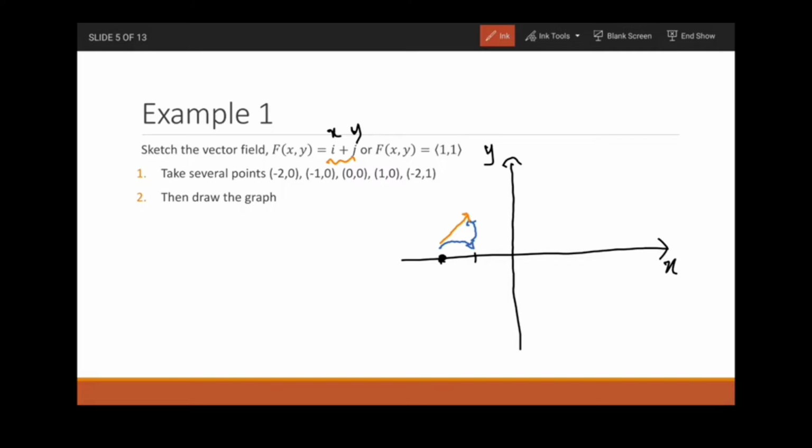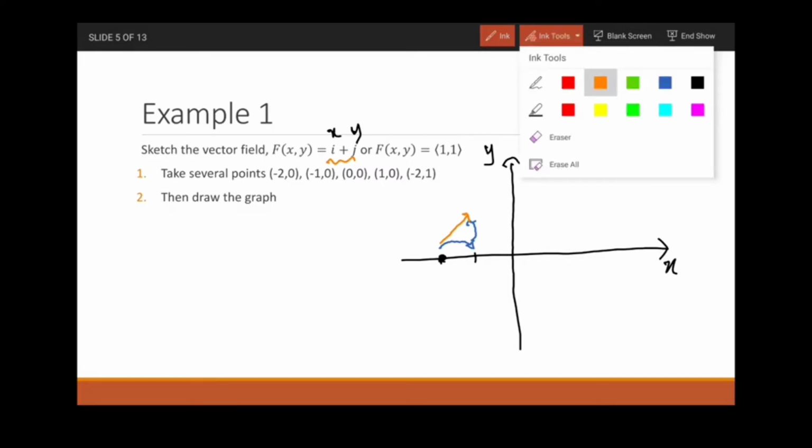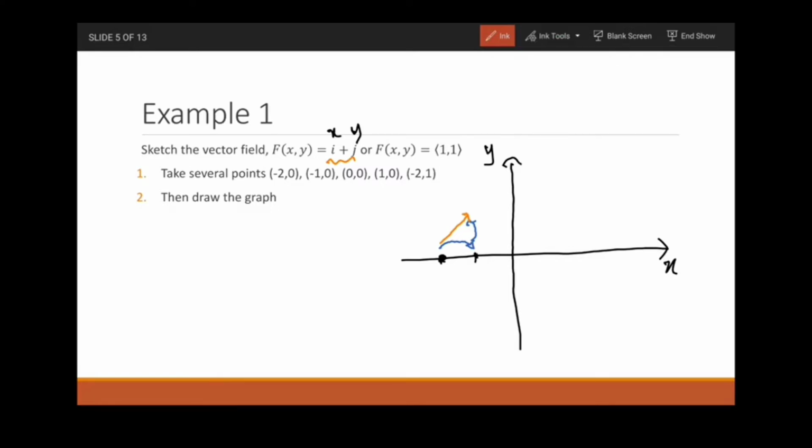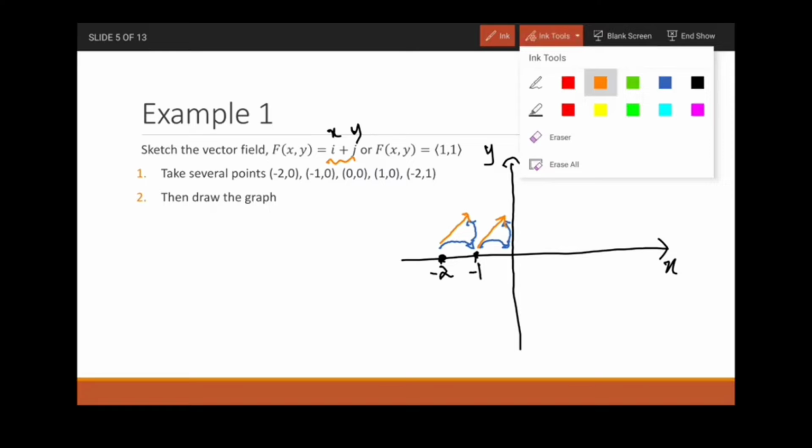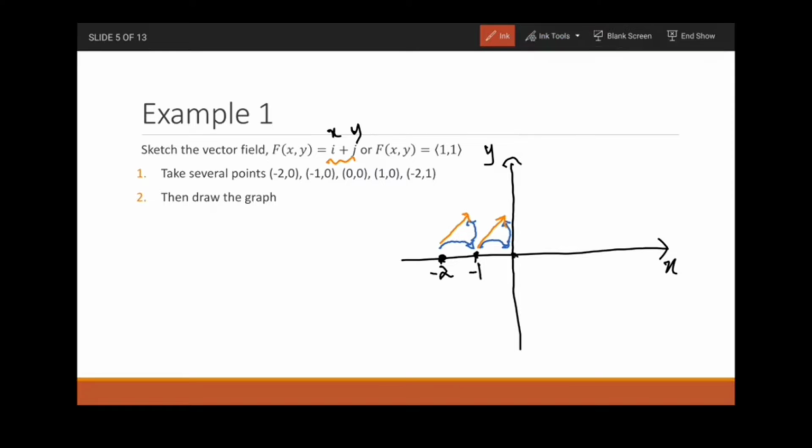Then we do another point. For example, negative 1, 0. We repeat again: one step to the right and one step above. Then this orange arrow is the vector. Then continue.